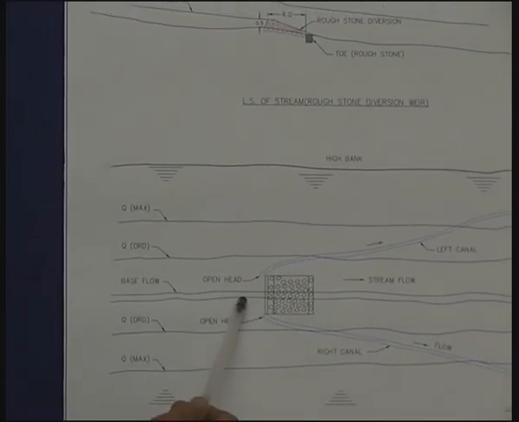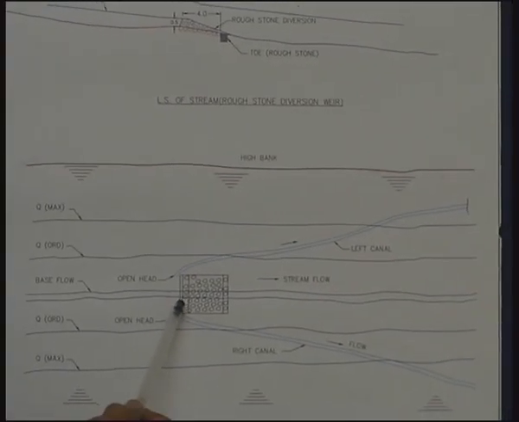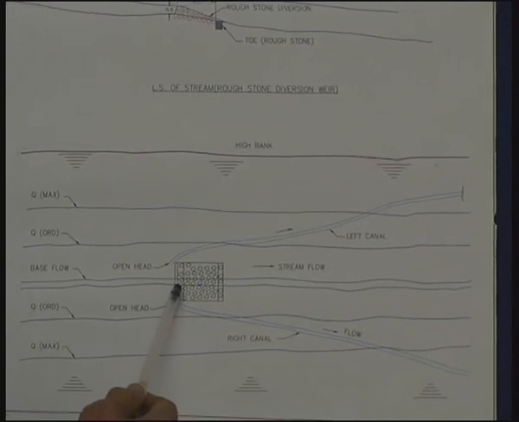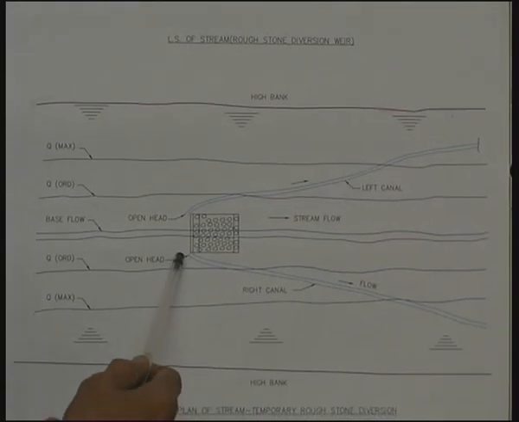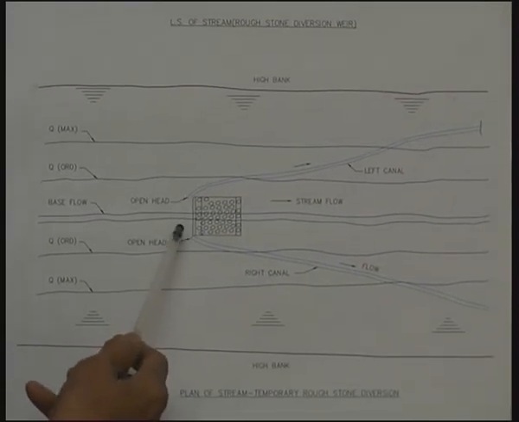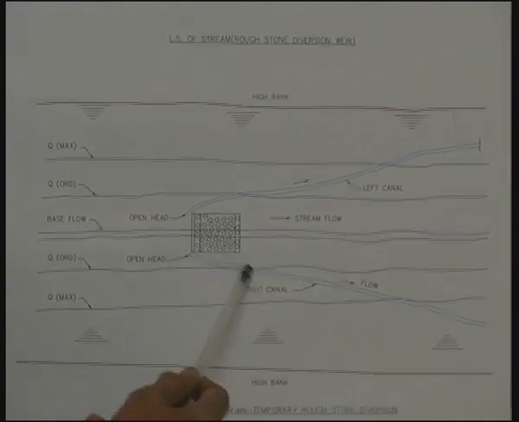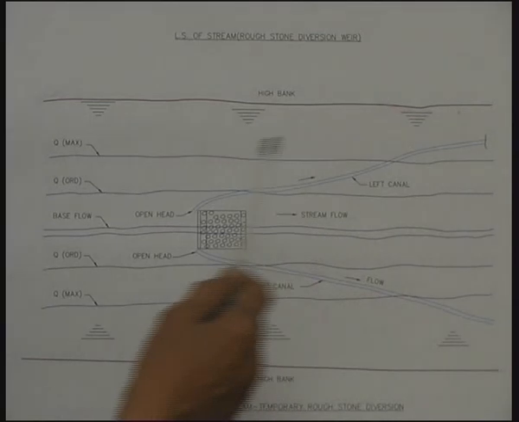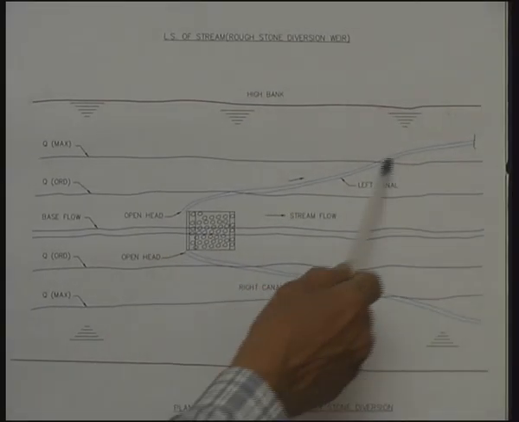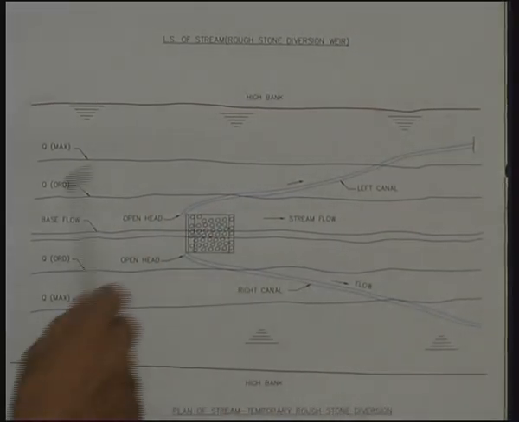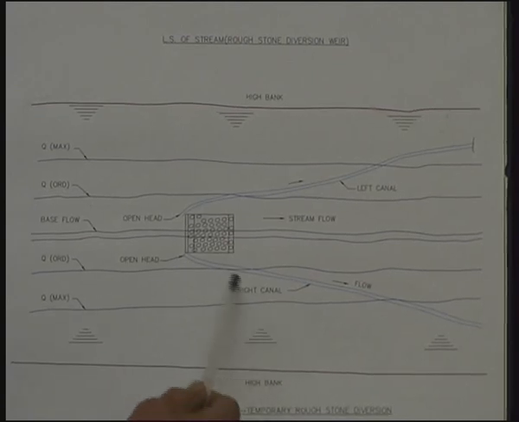So the diversion of that spring flow can be done through a rubble stone structure without using cement, described here, and the water level rises slightly by about a foot, and then the water is diverted through a canal on the right side, and it is also possible to take another canal on the left side, or limited to only one canal depending upon where the command area is available.